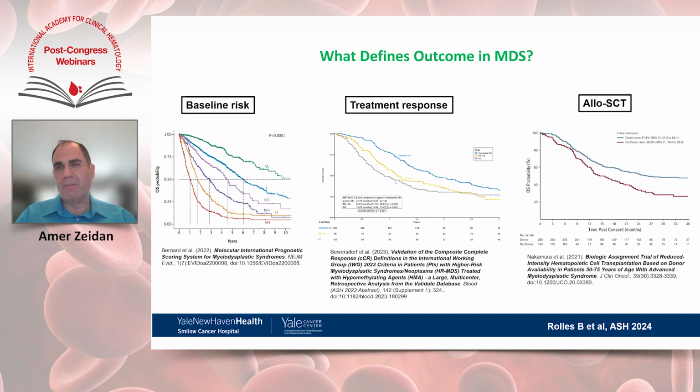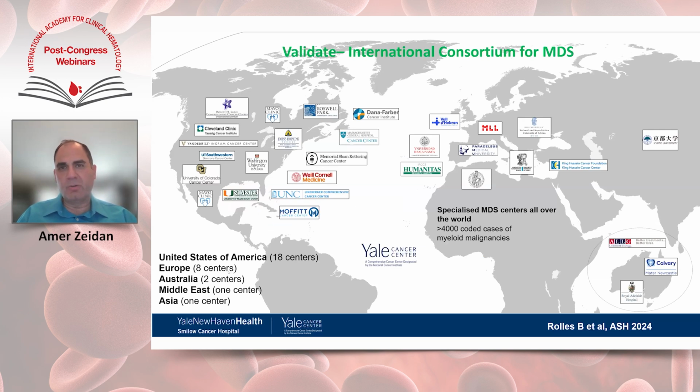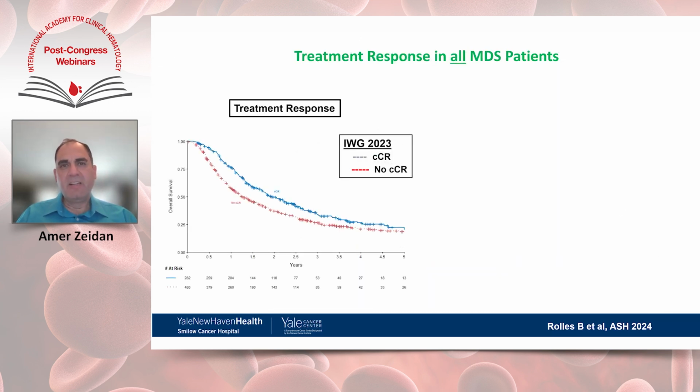And we know that, of course, receiving allotransplant is better in terms of survival. So in this analysis, the interaction of these three factors was put together using a very large consortium called Validate that includes centers from multiple countries, as you can see in this map. And the coordination was done at Yale Cancer Center.